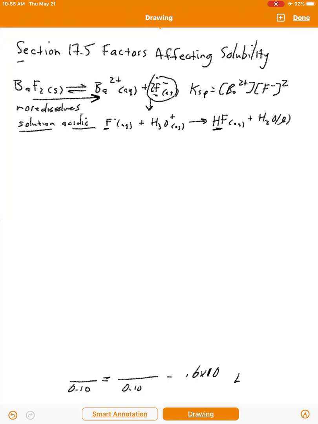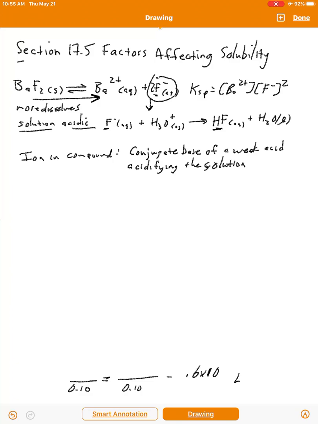So if you have as one of the ions in the compound, if it's the conjugate base of a weak acid, acidifying the solution results in more of the compound dissolving.